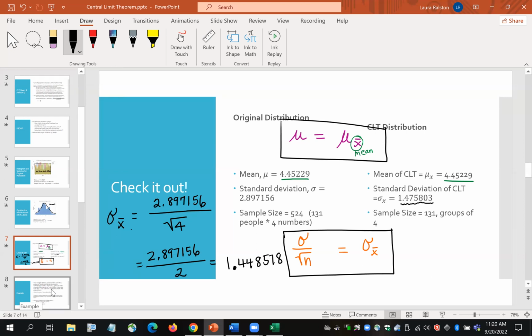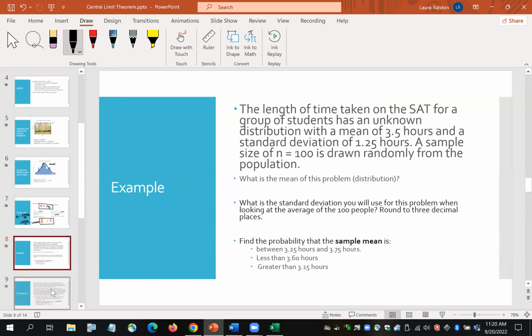All right, so let's look at an example. I want to show you how to use this. I also want to try to help you see the differences in how this question is worded as opposed to the ones you saw for a normal distribution.